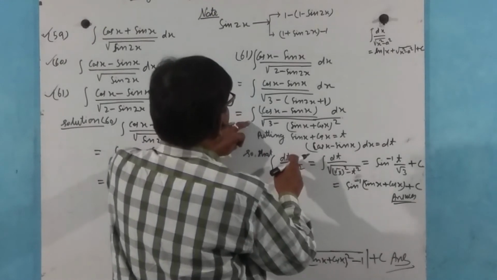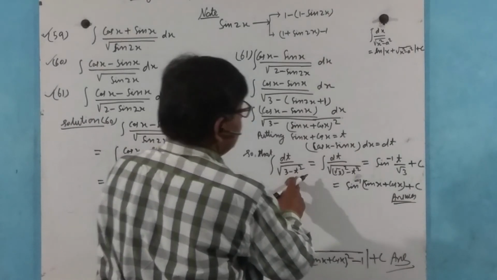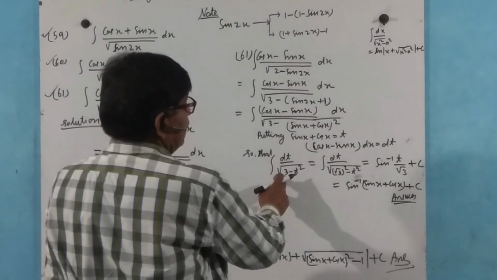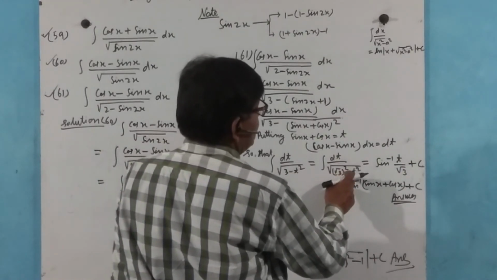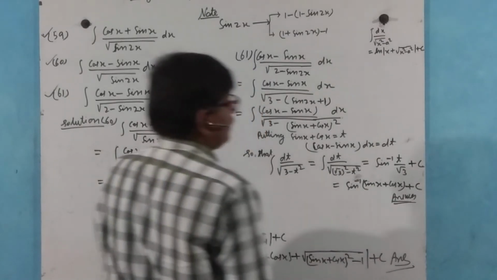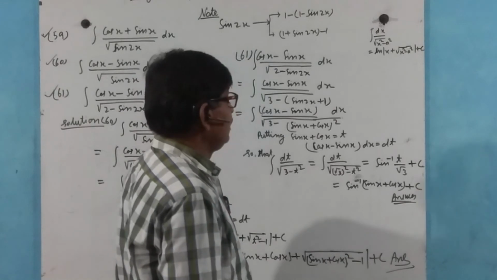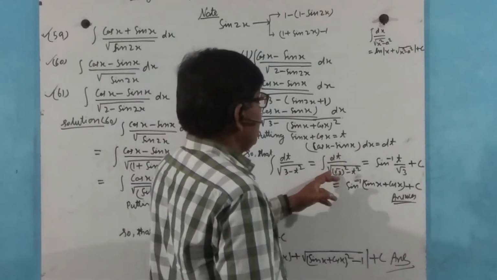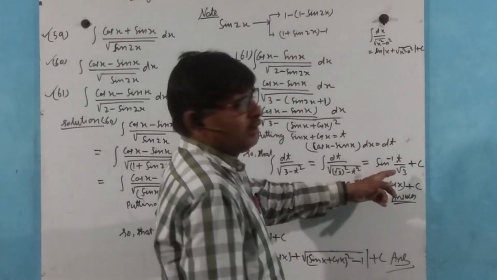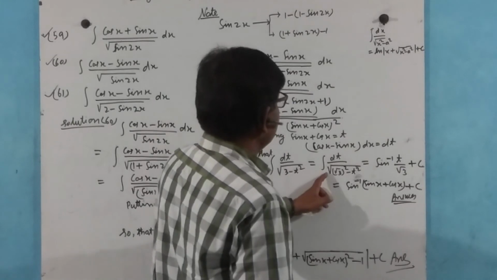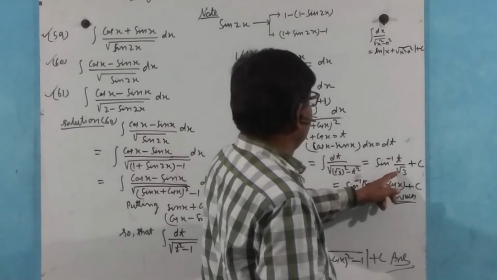dt here, and divided by 3 minus t square, so that we arrange this as 3, we can write under root 3 to the power 2 minus t square, and for the integration of this we apply the formula dx by under root a square minus x square equal to sin inverse x by a, so that this will be sin inverse t by under root 3.